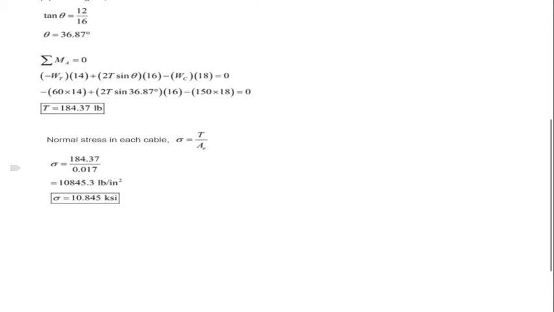We have the elongation of the cable that is 0.01 inches, and we have the original length, and we need to find the strain of the cable. Perfect. So we know that the strain of the cable is the elongation divided by the original length. Okay, and I'm gonna put that here.